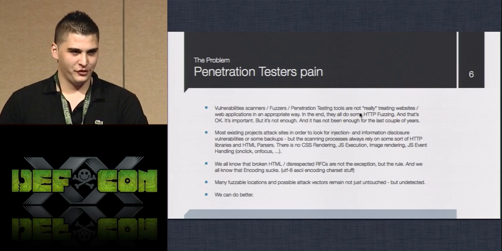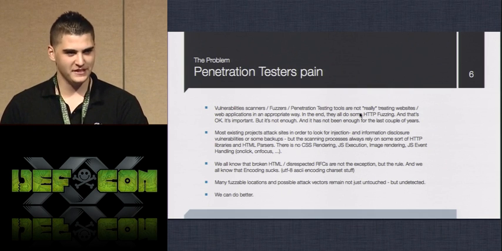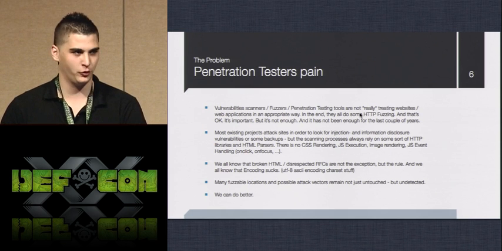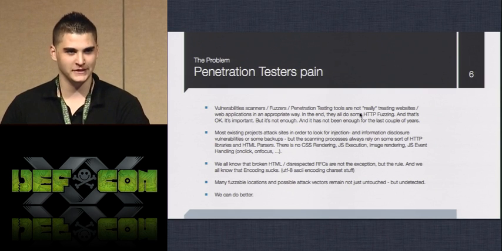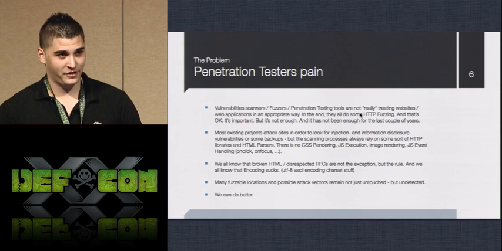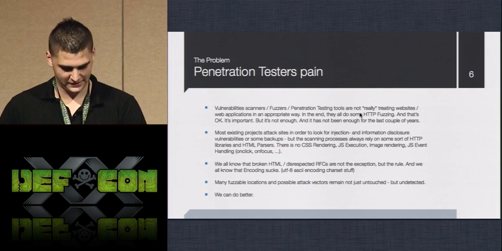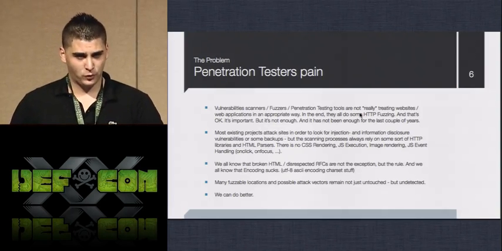for example, if you use the W3AF framework to penetration test a website, it is very likely that some encoding errors occur. And if you use SQL map to exploit a SQL injection, it is very likely that that process fails. So what we do is we build tool chains. And we build really large tool chains, and there's nothing wrong with that.